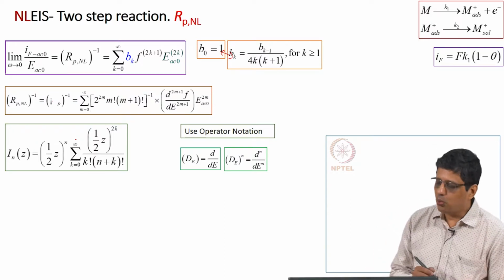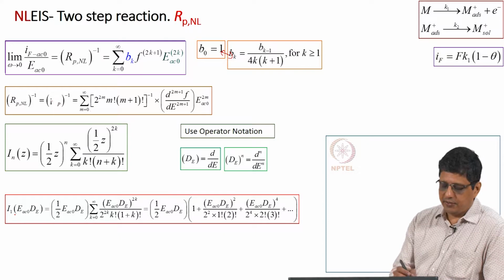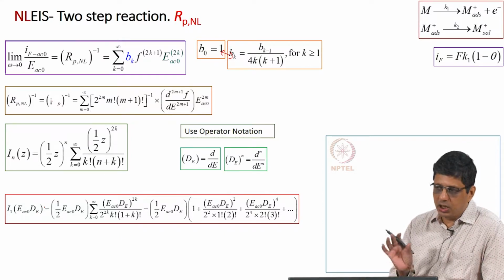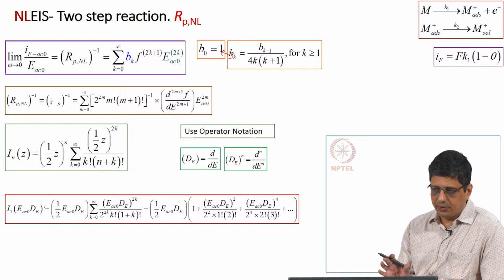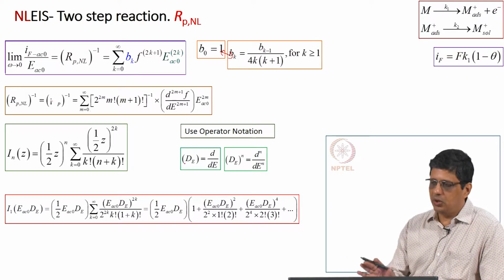Now, if I take I 1 of EAC 0 DE, it is going to give me an operator. I can apply it on a function. DE alone does not have any meaning unless it is applied on a function.